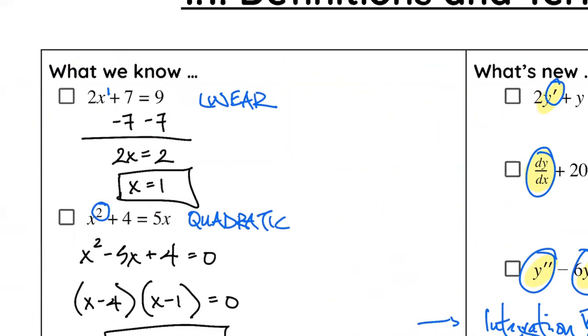And when you went to check your answer, all you did was you took your equation, right? So this was the original question. And everywhere you see your letter, you plug in the number you have. So you get 2 times 1 plus 7 equals 9. You get 9 equals 9. And your little middle school self was like, yay, I got the question right, right? Because it worked out when you plugged it back in.